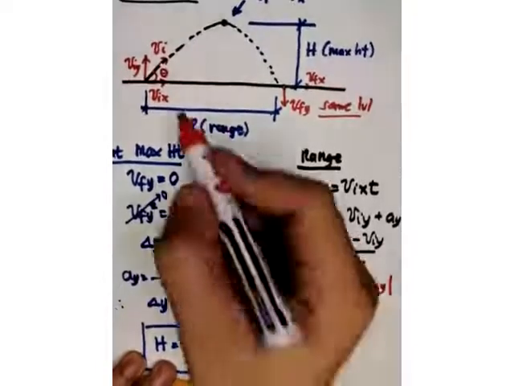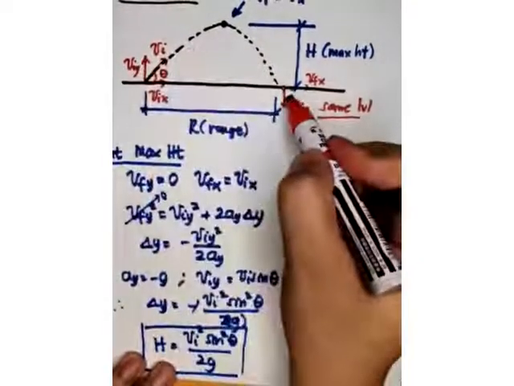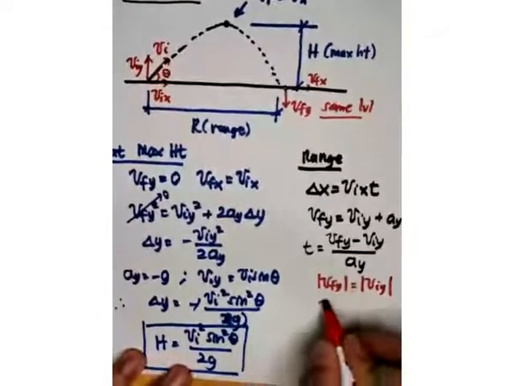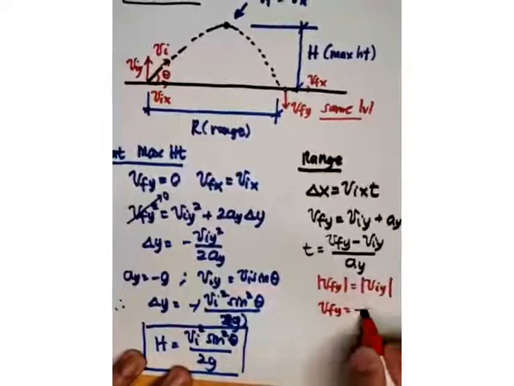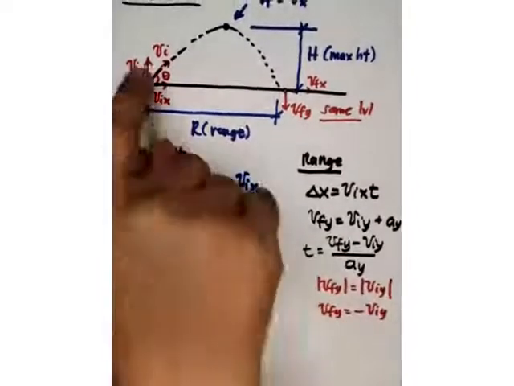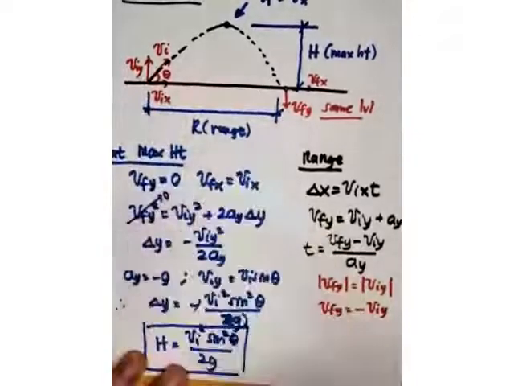Opposite lang yung direction. So same yung magnitude nito tsaka to, but opposite in direction. So therefore, ang v final y natin ay equal siya sa negative v i y. So lagyan mo lang ng negative yung vi, pagpapareho na sila ng v final x.